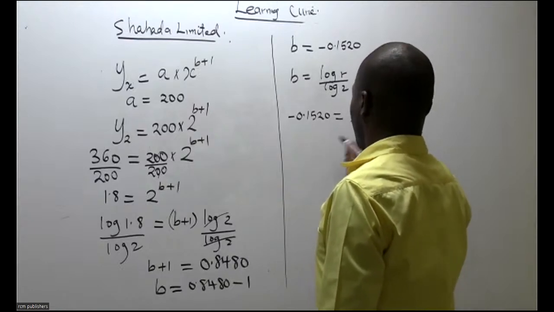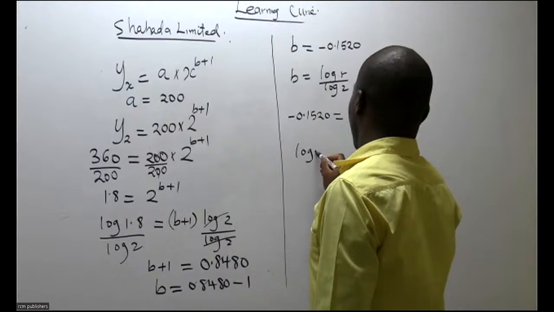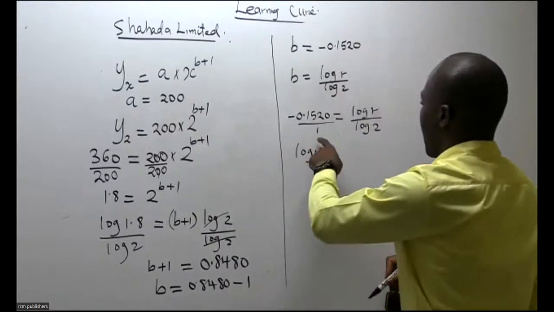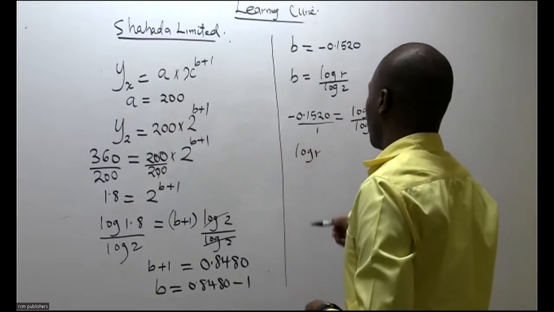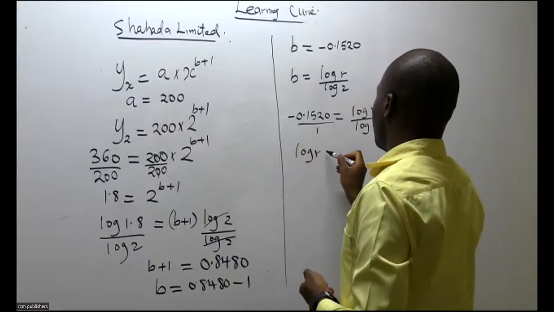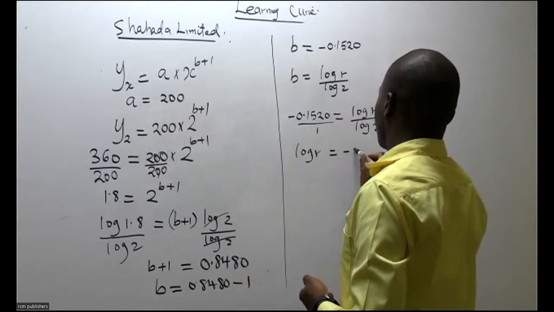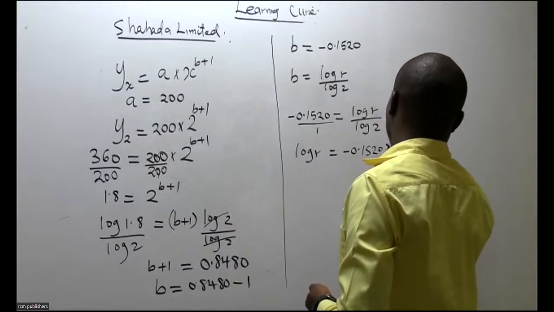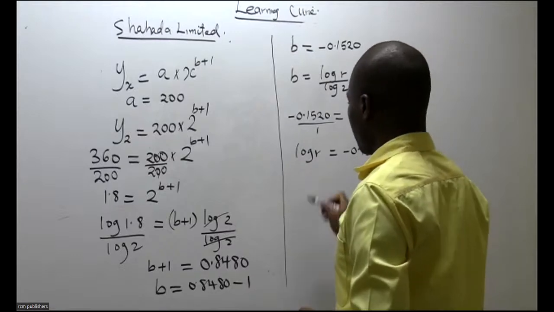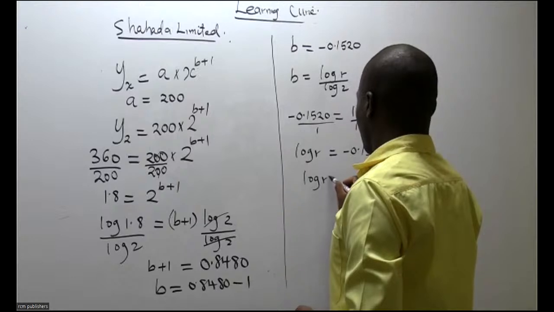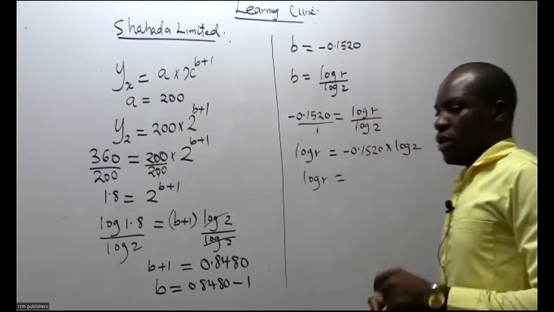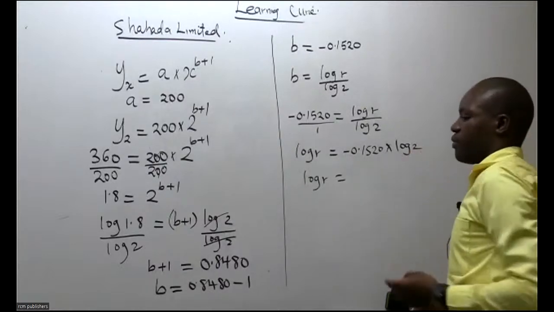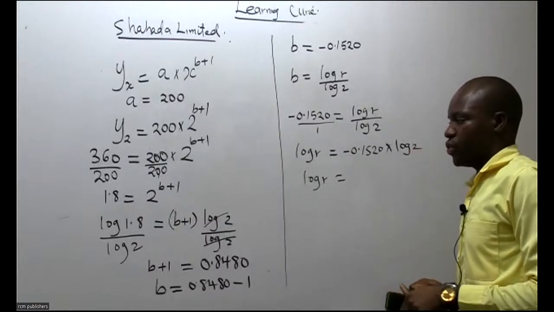This R is unknown, so you cross multiply. Log R is equivalent to negative 0.1520 times log 2. So our log R will be the answer times log 2. What will you have here?